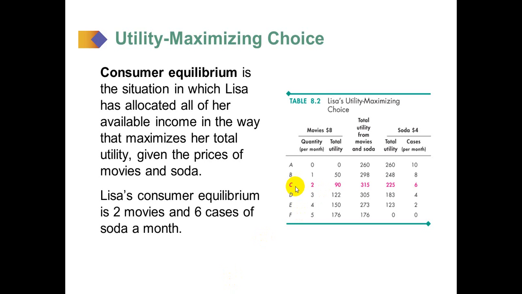She will consume 2 units of movies and 6 units of soda. 90 units total utility from movies and 225 from soda. So total utility from movies and soda is 315 units of benefits.